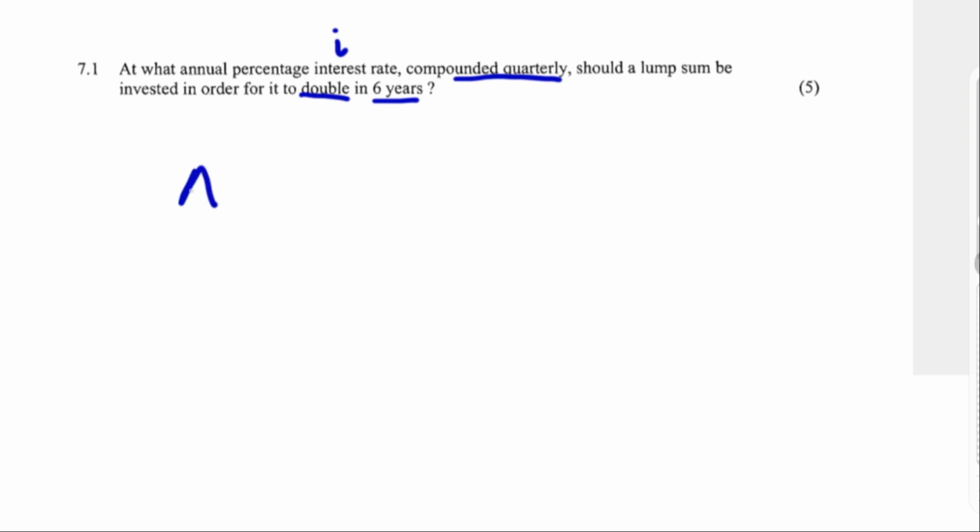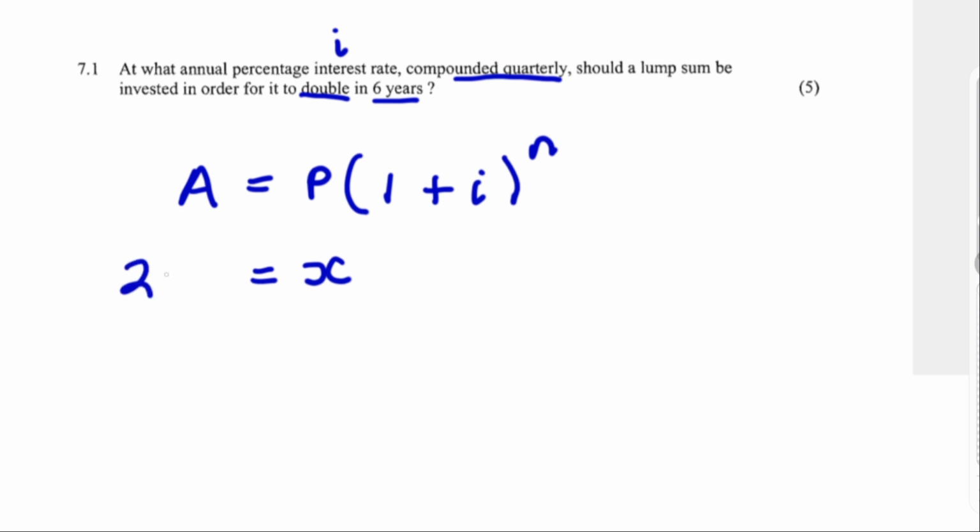So this is the formula that we will use. And in this case, we want this money to double in 6 years. So let's say we invest X amount of money into the bank, and when it doubles, we will take out 2x after the 6 years.